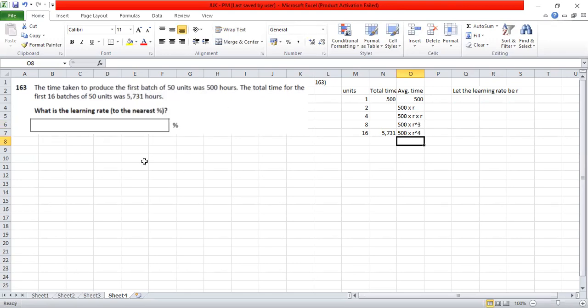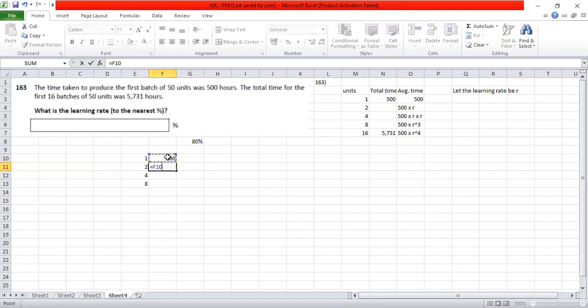Let's say, for example, whatever the previous example which I have scribbled on the screen, let's assume that 1, 2, 4, 8. If it requires 100 minutes, and the learning rate is 80%, we see that every time when the work is done, it will be only 80% of the time taken.